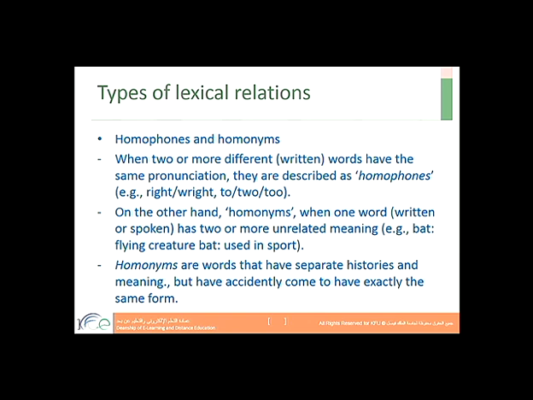In addition, homonyms are words that have separate histories and meanings, but have accidentally come to have exactly the same form.